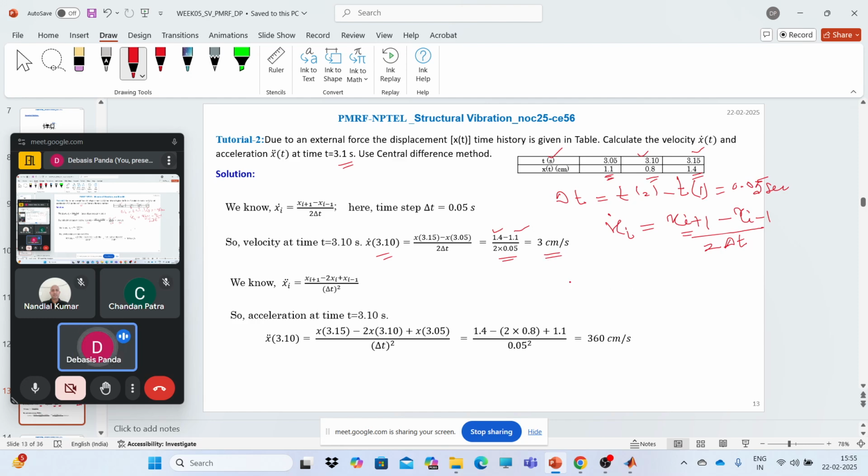Now what will be the acceleration? Acceleration as per the central difference method, x double dot i, is nothing but the displacement at i plus 1, minus 2 into the displacement at x i, plus the displacement at i minus 1, divided by del t square.